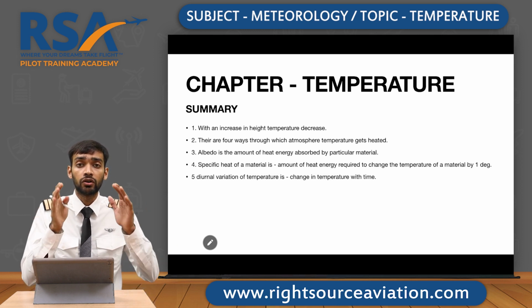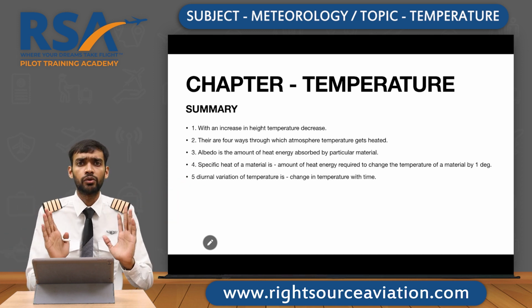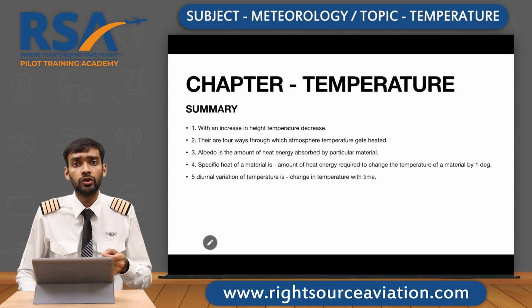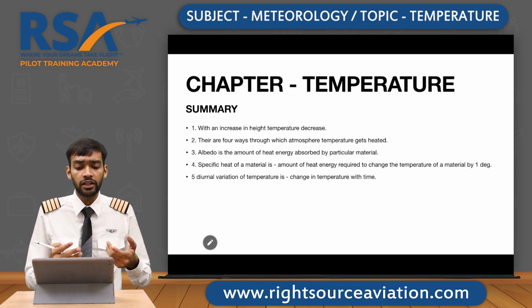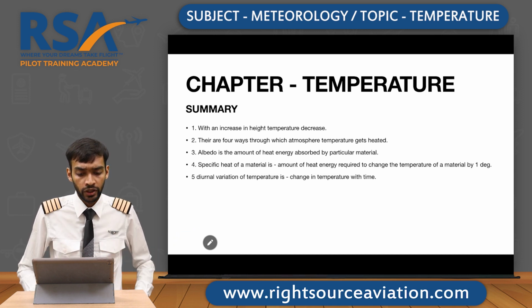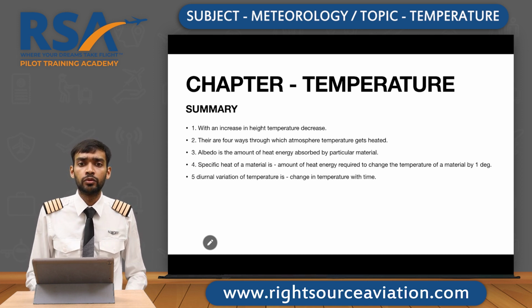In condensation, cloud formation is happening and the heat released, known as latent heat, heats up the surrounding area also. Albedo is how much heat a particular material can reflect back. Specific heat of the material is the amount of heat energy required to change the temperature of a material by 1 degree Celsius. And diurnal variation of temperature is change in temperature with time. I hope that you must have understood.